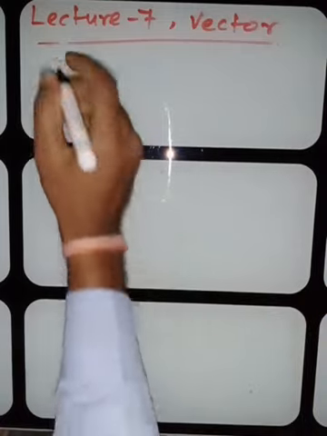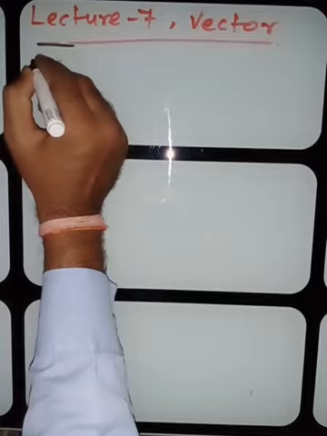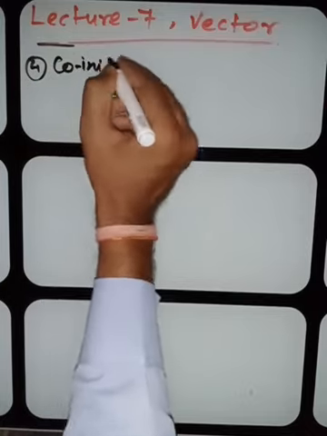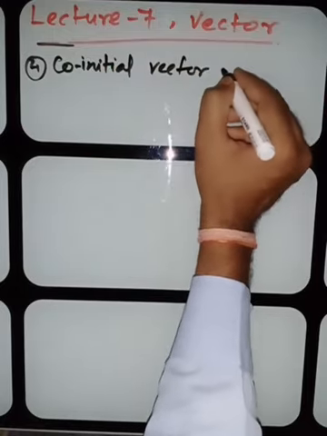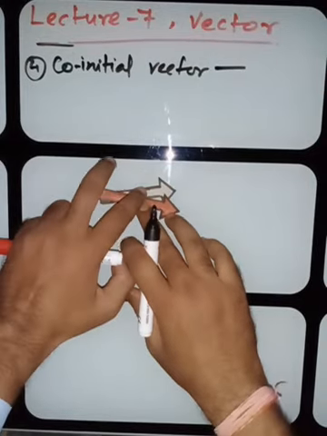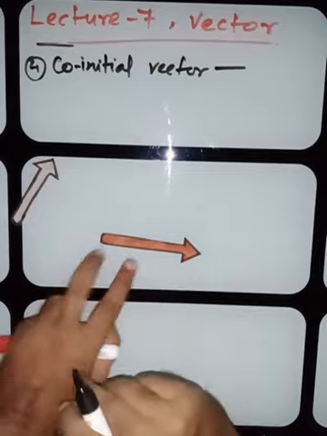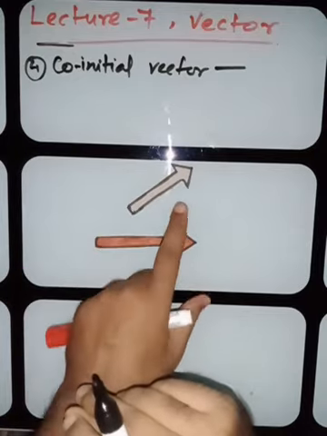Now the next one, the coinitial vector. The fourth one, yes, the fourth one, coinitial vector. If the starting points of two vectors are the same. Suppose this vector is starting from here and this from here, then this is not the coinitial vector.